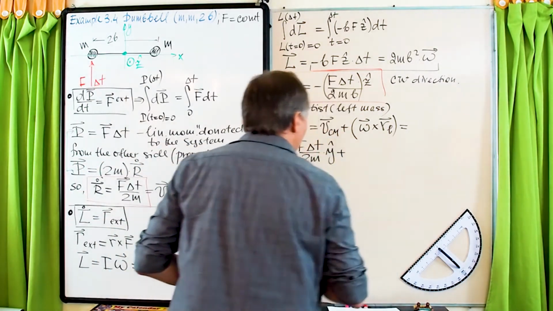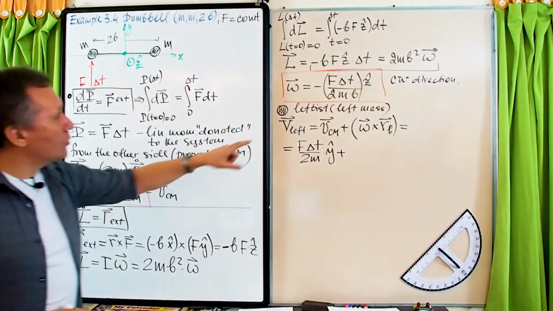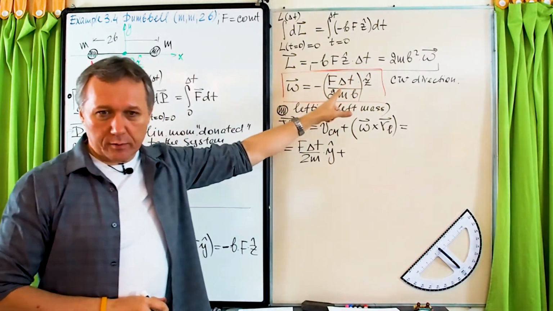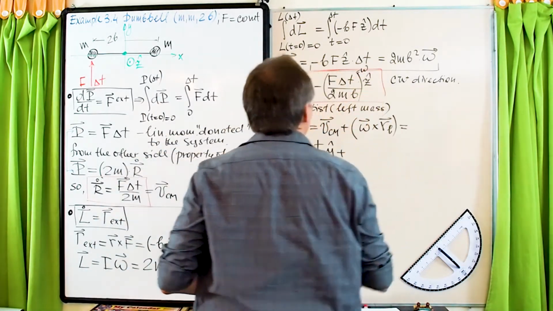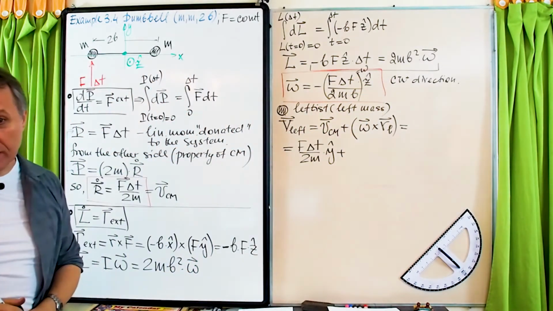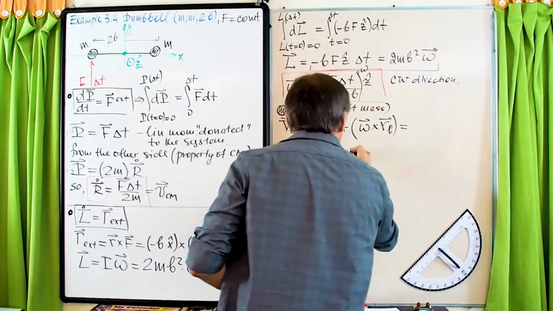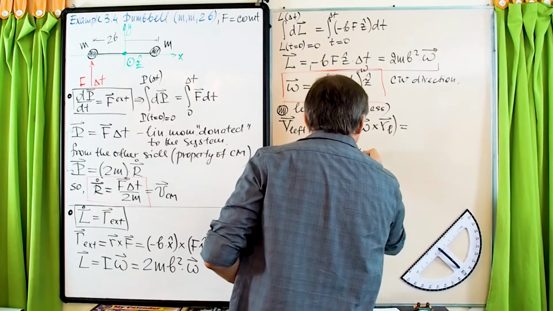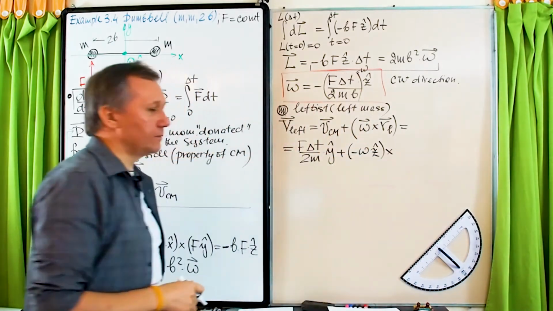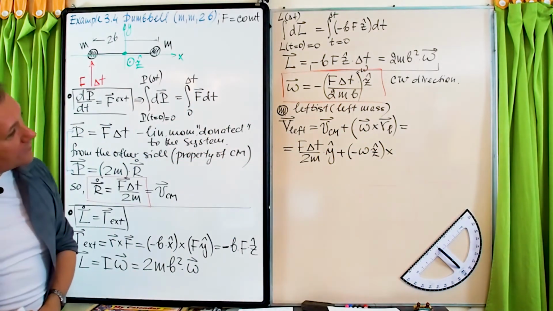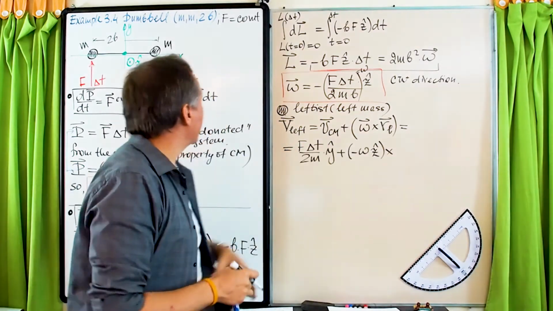Okay, omega. I don't want to write this factor for now. Let me just use the absolute value of omega, right? So it will be omega in the minus z direction. So it will be minus omega z hat crossed with RL. What is RL?